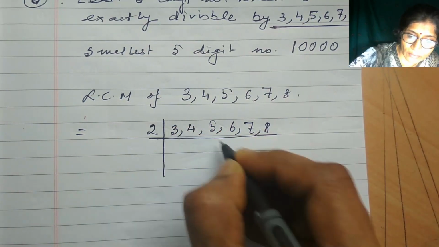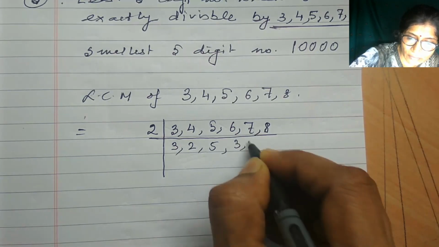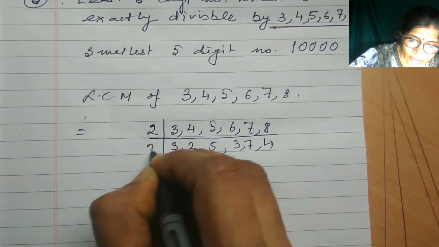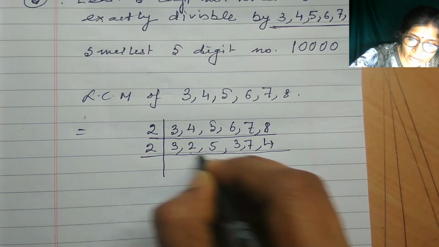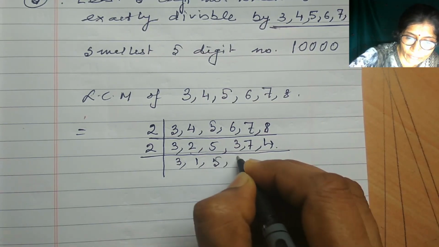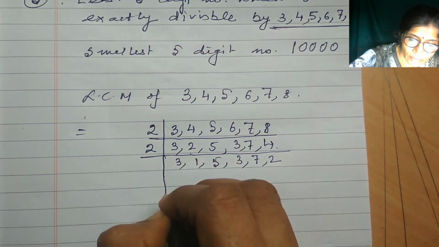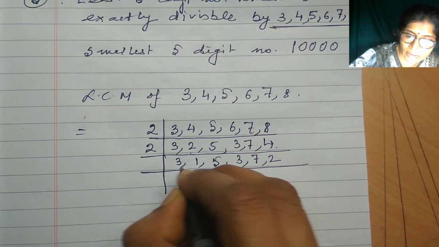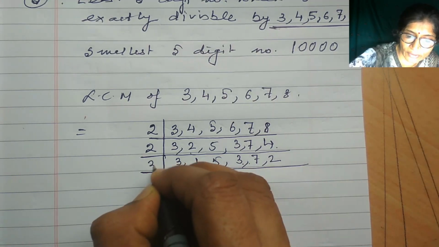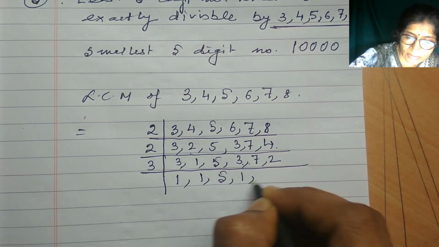Divisible by 2, this term and this term. Next again 2, because these are divisible by 2. So 1, 5, 3, 7 and 2. Next these two are divisible by 3. So 3, 1, 1, 5, 1, 7, 2.